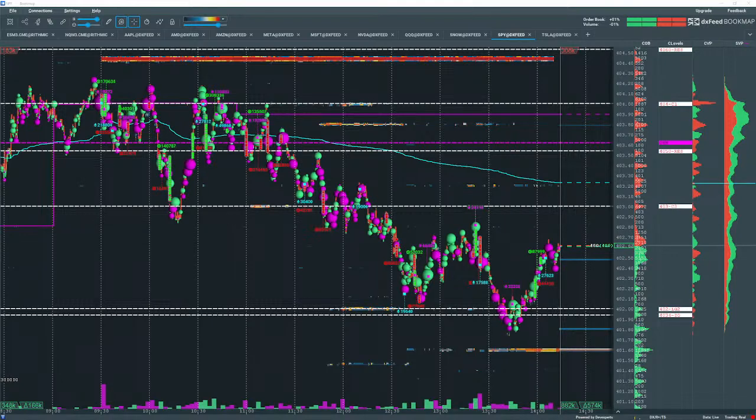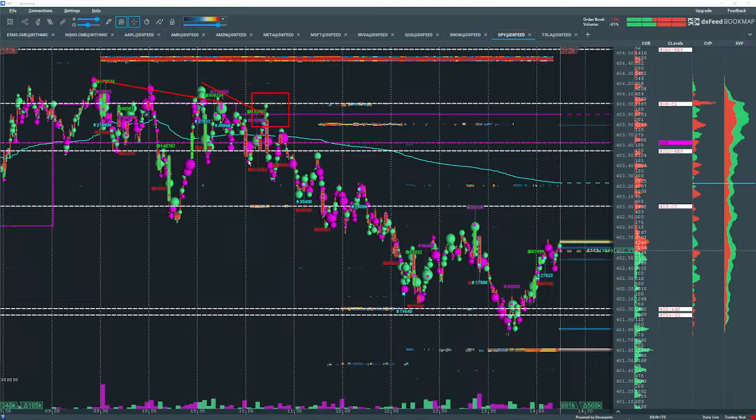Slightly lower highs with each test of this 404 level until price finally breaks lower. With a quick final test here.